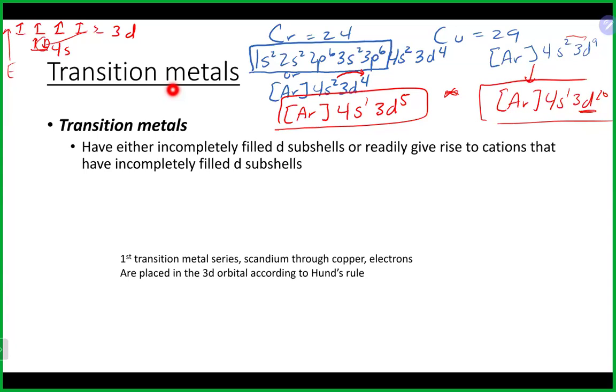They've all been promoted up to the d and stuff like that. So there are a lot more exceptions under chromium, copper, and in on the periodic table. But for our class, you'll just be responsible for chromium and copper. Everybody else, you could just write the electron configuration from that chart, just know that if you're in that area, you're probably writing technically the incorrect one based on stability. All right, we will leave it up there.